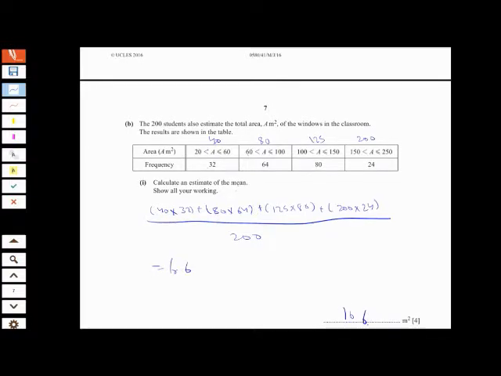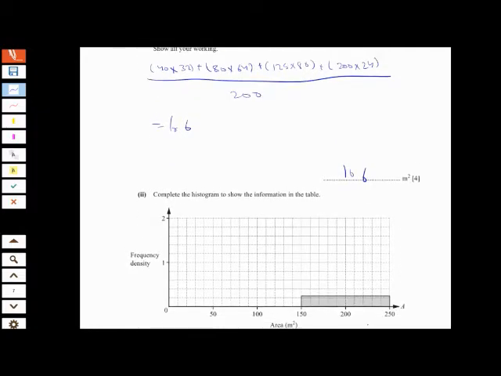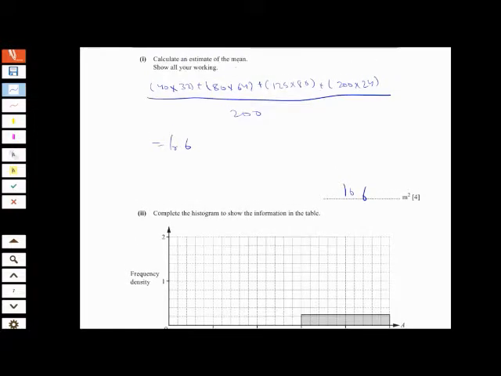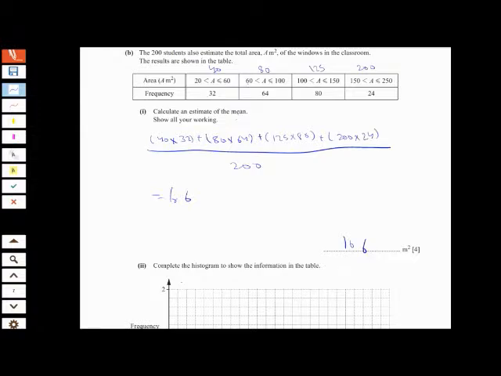And now complete the histogram to show the information in the table. Frequency density. Notice here the y-axis is frequency density and that one is area. How to calculate the frequency density? Basically, FD is the frequency over the class width, or sometimes not the area, it's the time or whatever this is.